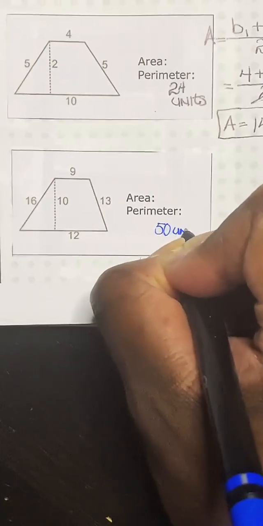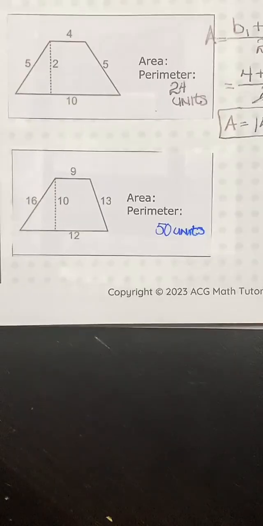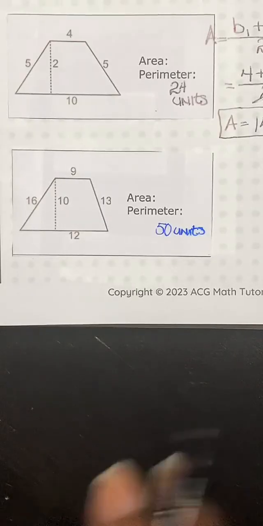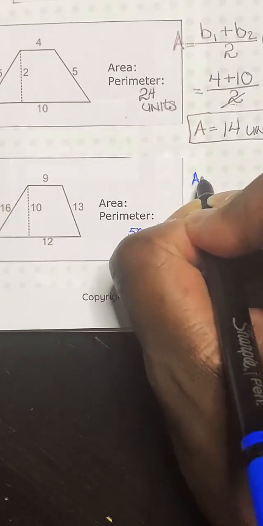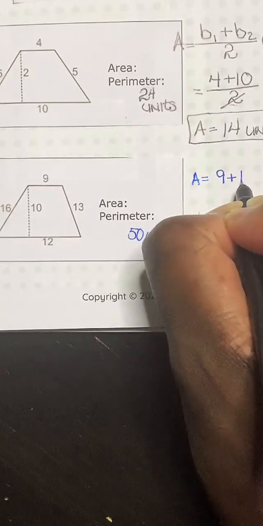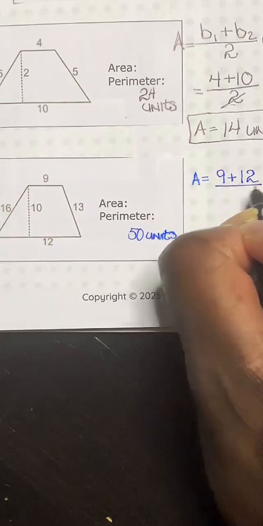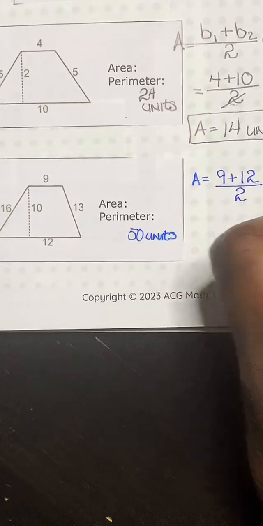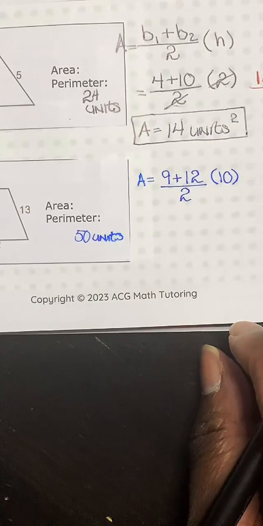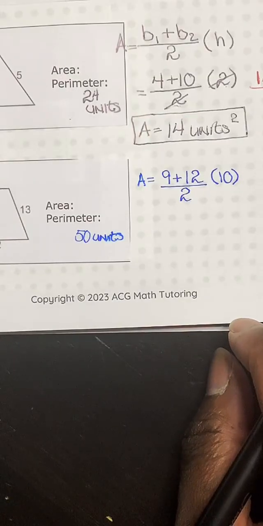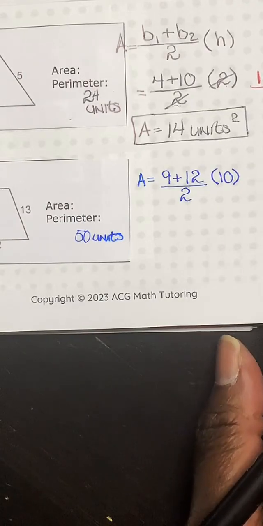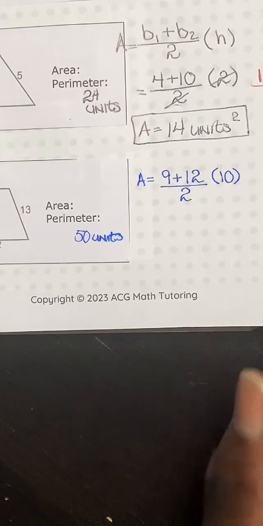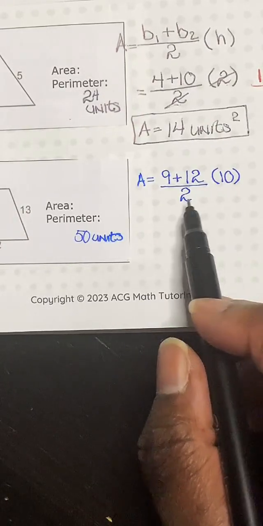So that's 50 units. But since we're looking at the area, remember, you add your two bases, so that's your 9 plus your 12, divide by 2, and multiply by the height, which is 10. So we have our 10 and our 2.